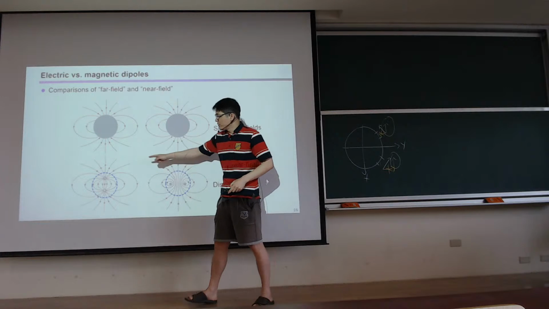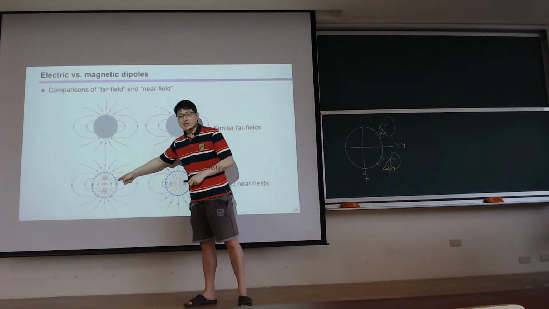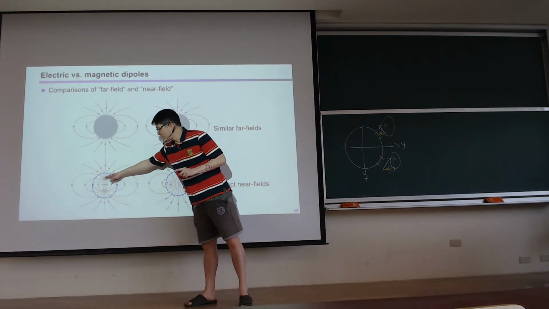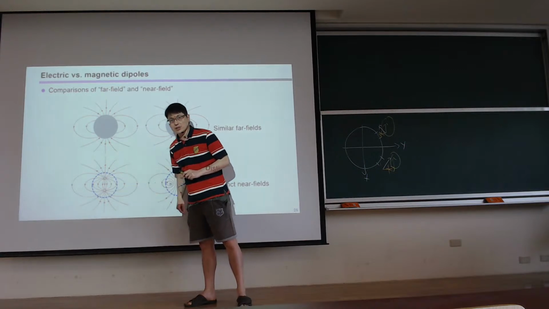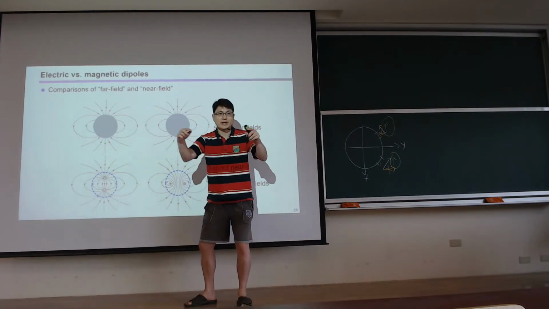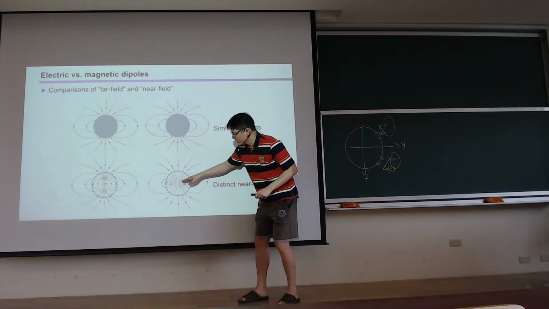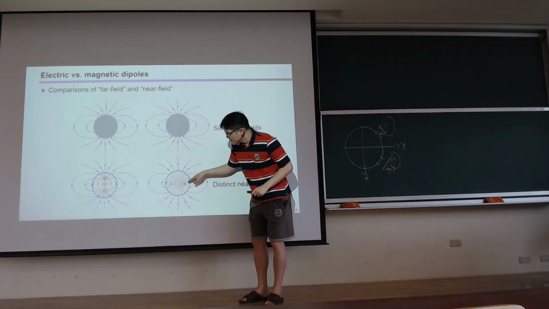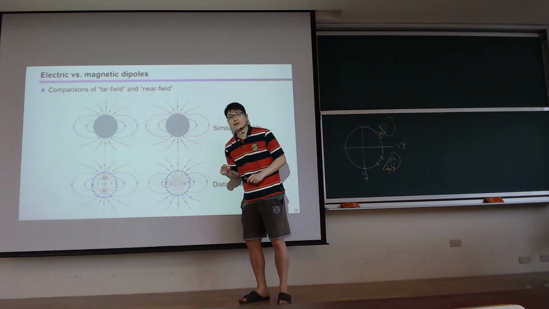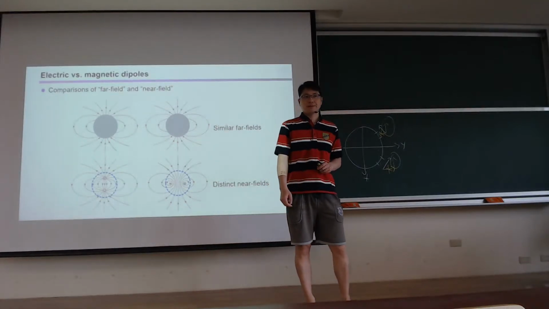So this one is the resulting field pattern for an electric dipole, right? Positive charge, negative charge, so your field starts from the positive charge and ends at the negative charge. So the fields are actually radiating. But here, you have the current loop. I'm looking at the cross section. So all the resulting magnetic field lines form closed loops around the current.